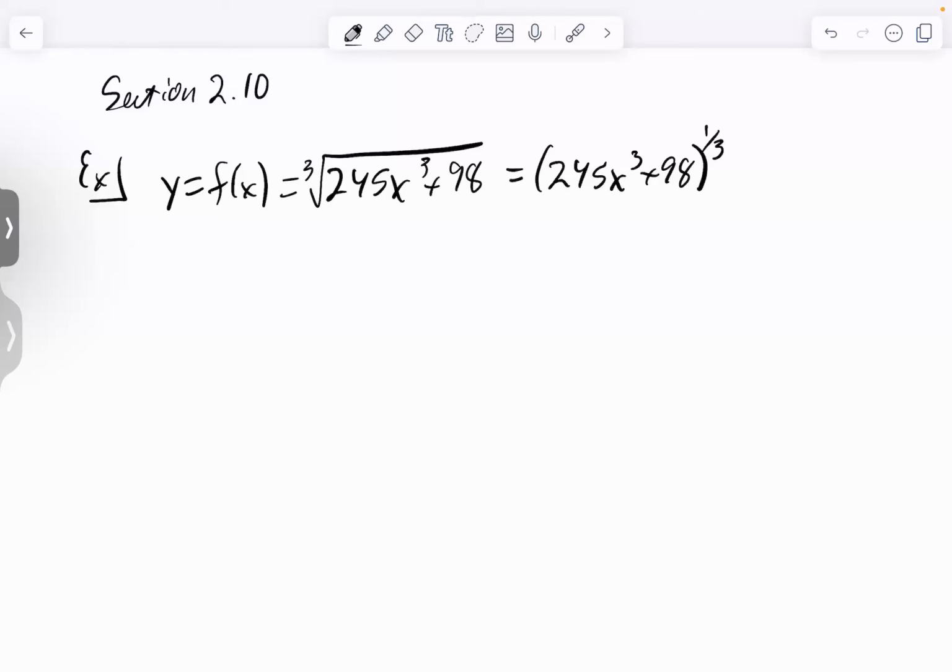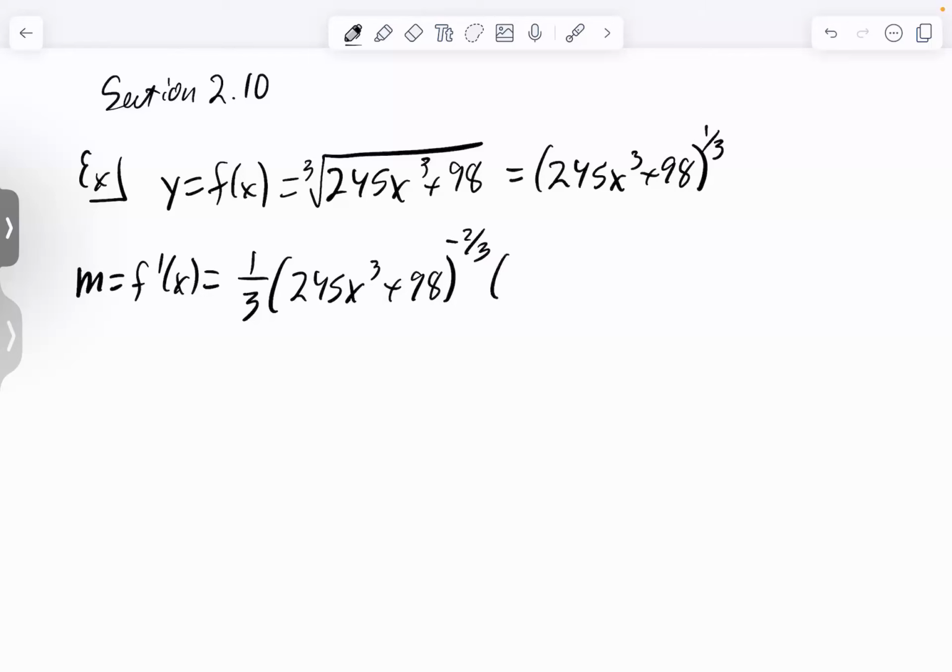The problem specifically says, find the equation of the tangent line to the graph of the function at x equals 1. Well, the first thing we're going to have to do is find the slope, which we know is f prime of x. So we're going to have to take the derivative. And 1/3 minus 1 is negative 2/3.